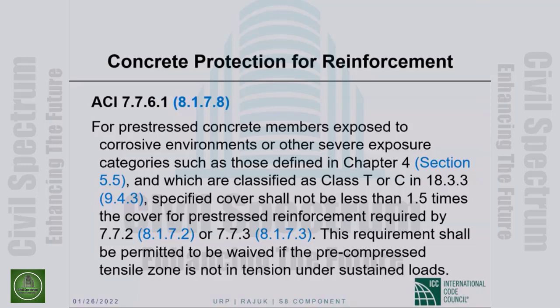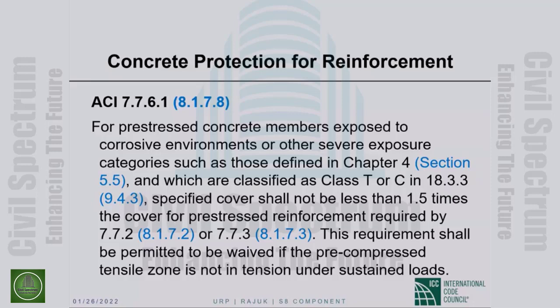If there is no tension, then it is uncracked, and in between it is transition. So the cracked members and transition members have cover requirements of reinforcement.